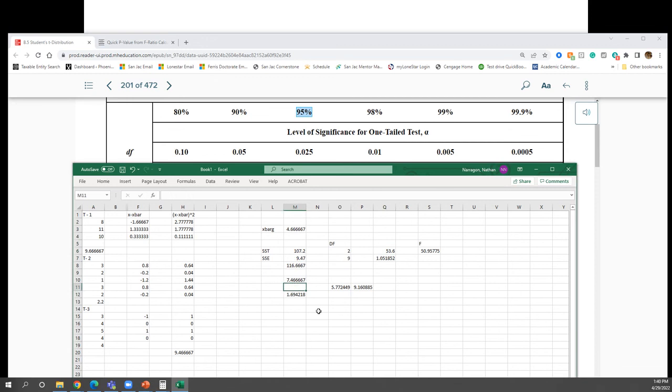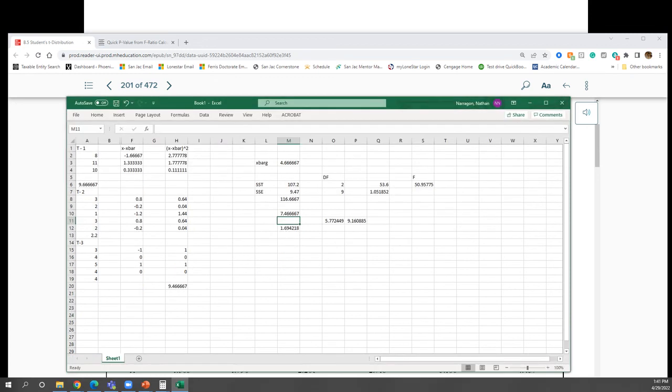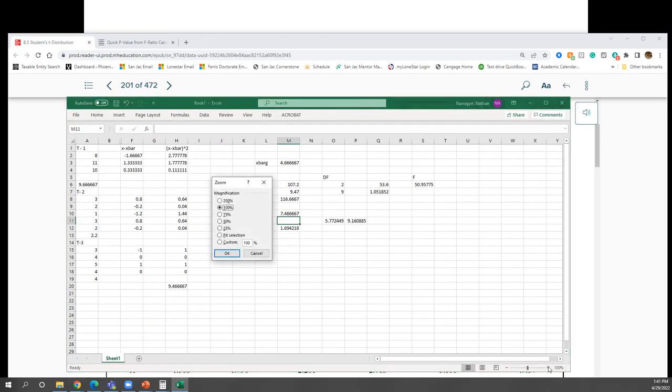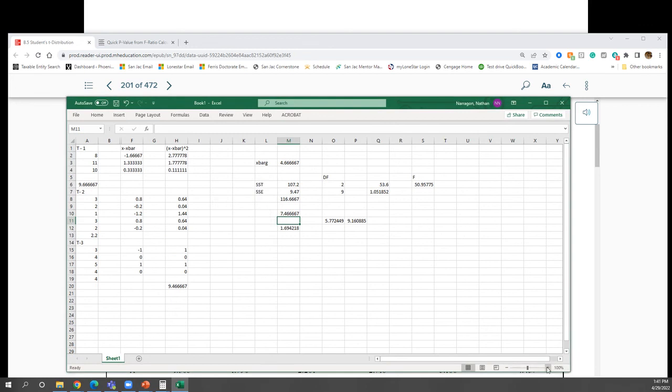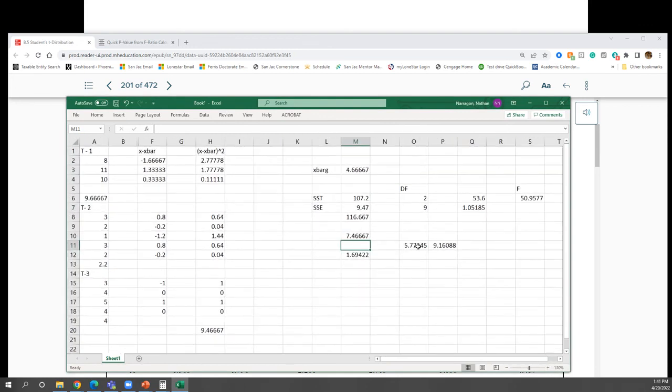Alright, so my range is going to be 5.772. So, low end is 5.772, high end is 9.16.